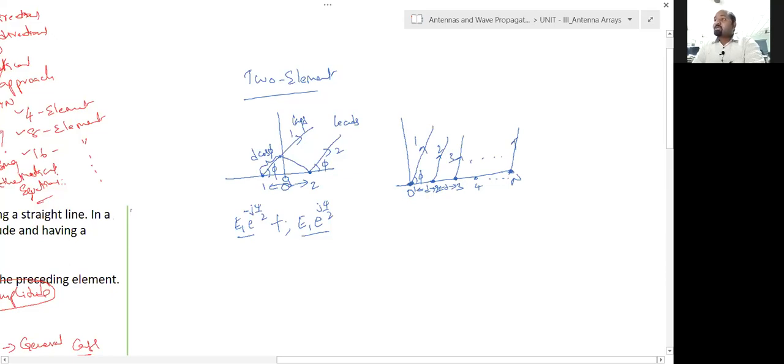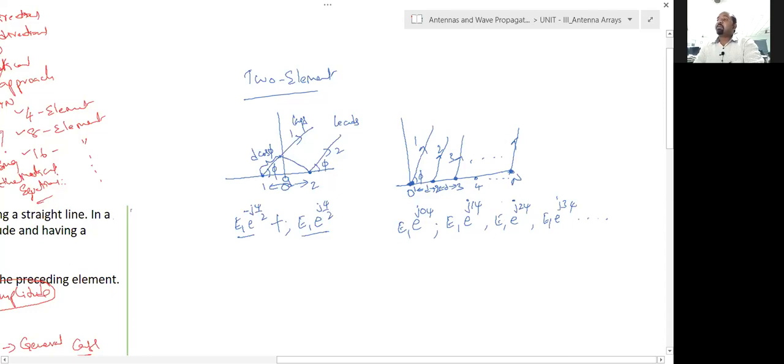Therefore, the first element is at the origin, so E1 e power j0 psi, element 2 is E1 e power j 1 psi, element 3 is E1 e power j 2 psi, element 4 is E1 e power j 3 psi, and so on.